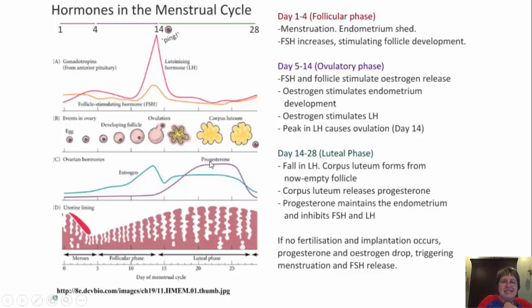And that's going to maintain the endometrium lining. So as progesterone stays high, the lining of our endometrium stays thick. And progesterone will maintain this, and it inhibits FSH and LH, so it keeps these guys nice and low.